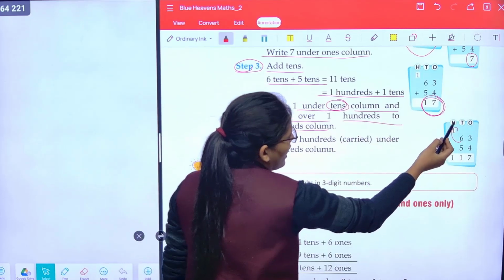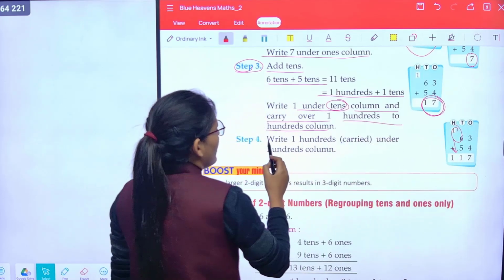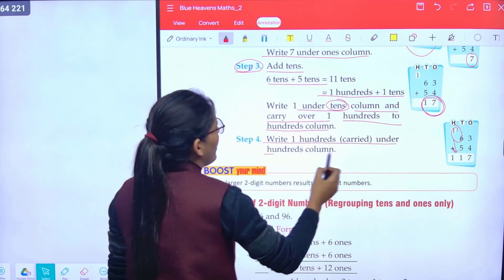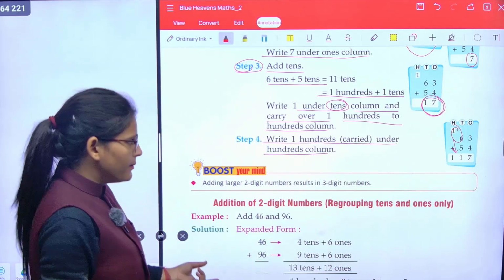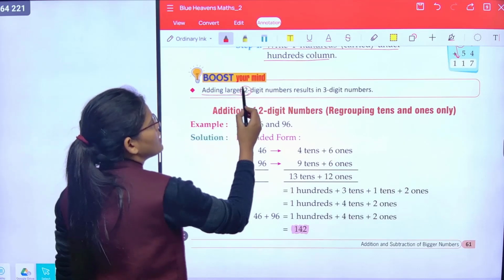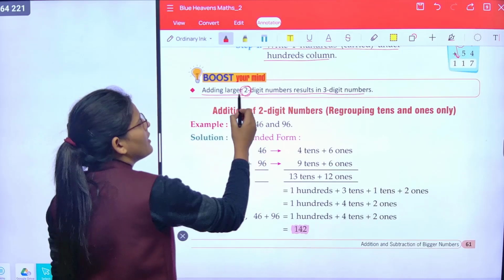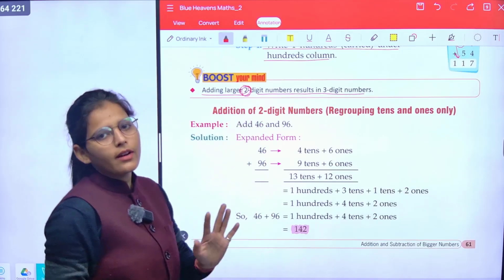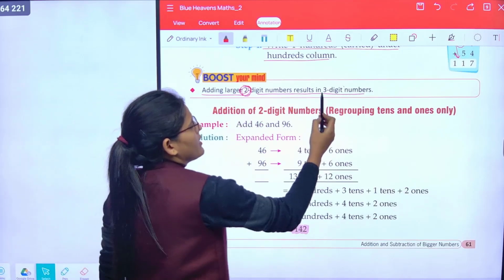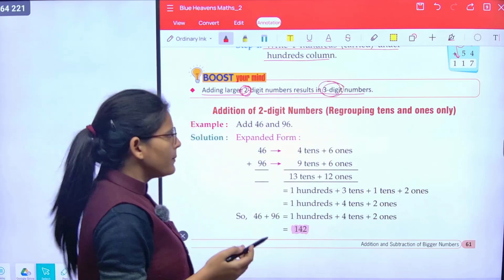Write 1 hundreds carried under the hundreds column. Okay. Adding larger 2-digit numbers results in a 3-digit number. When we add larger 2-digit numbers, what is our result? A 3-digit number. Okay.